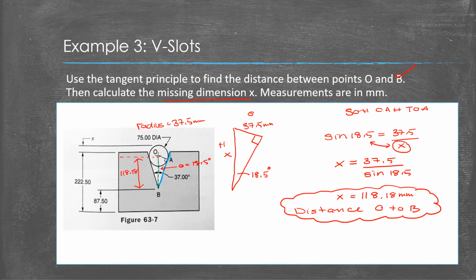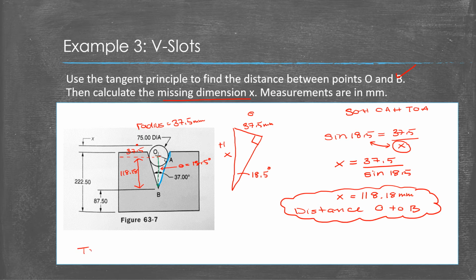Well, easiest way to find x is to figure out what is the distance all the way to the top. So what do we have to add in to get up to the top of x? We know that this goes from the center of the circle to the top, so that's going to be adding in another radius. So 37.5 needs added in.